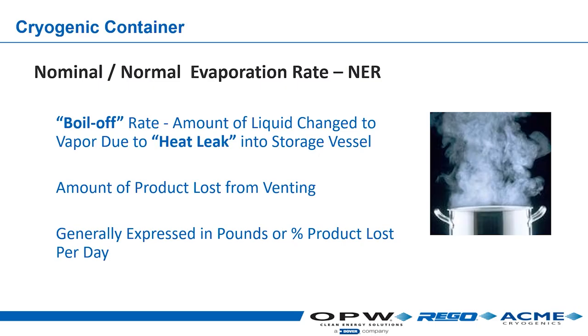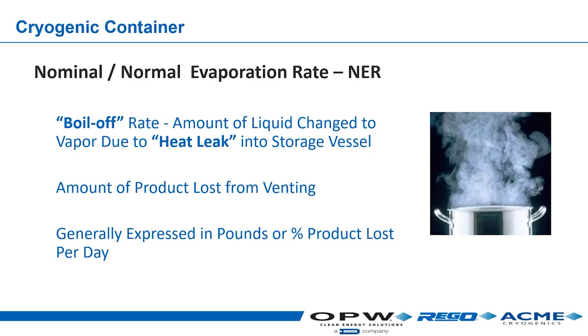So basically, if you make a really, really good cryogenic container, you're keeping the liquid as liquid for as long as possible. And the evaporation rate, or NER, is how many pounds per day of product actually evaporates from a liquid to a gas.